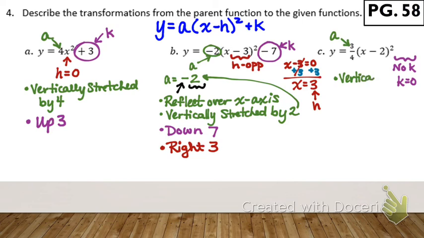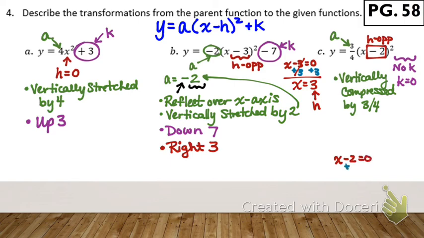We are going to be vertically compressed by 3/4. What is my H value? 2. Because I take x minus 2, I set it equal to 0, and then I solve. That tells me what my H is. If H is a positive 2, are we going left or right? Right.